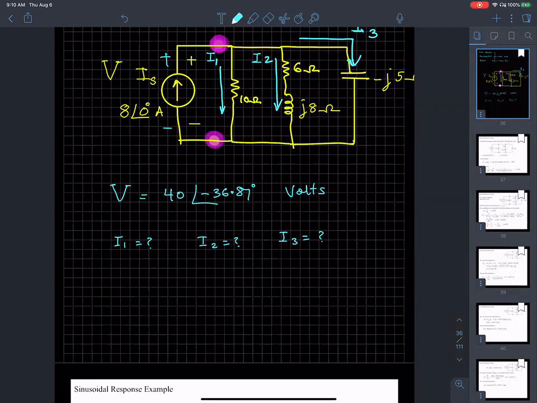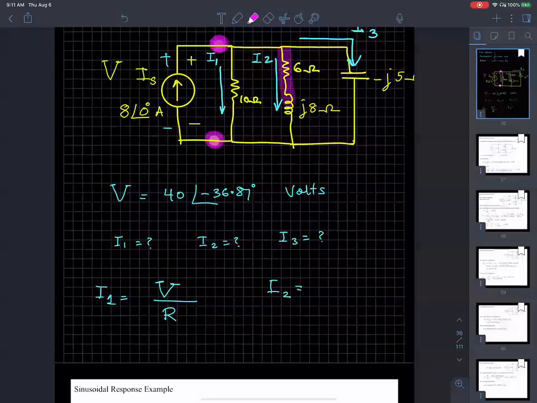If I give you the voltage across 2 terminals of a device, how can you find the current? The current for the resistor is the voltage divided by 10 ohms. Voltage divided by the resistance. Correct. How about I2, the current flowing in this branch? That would be the voltage, that's still the same, divided by the Z of L plus R, right?